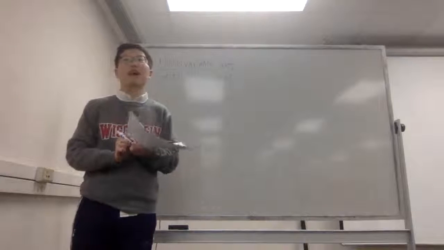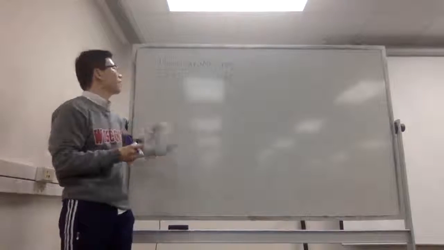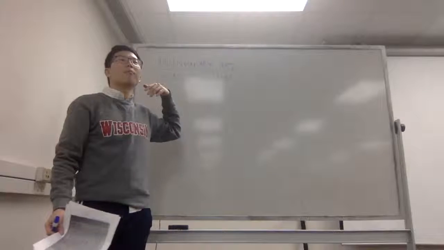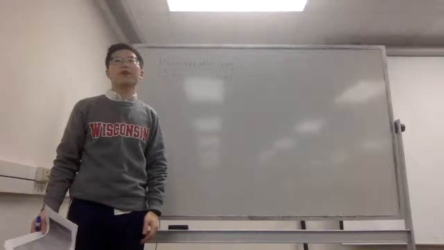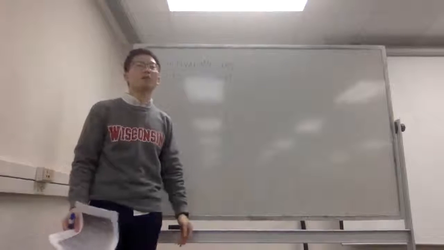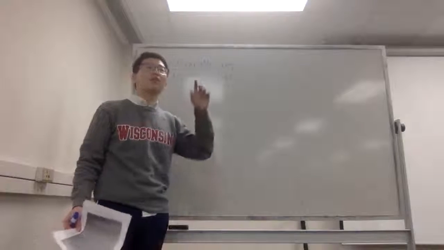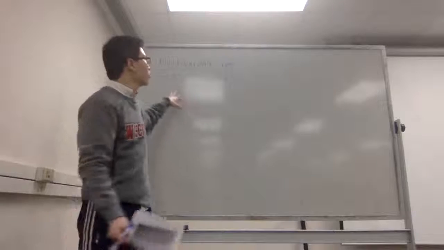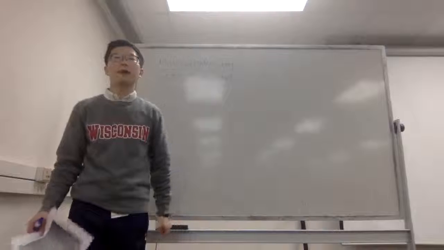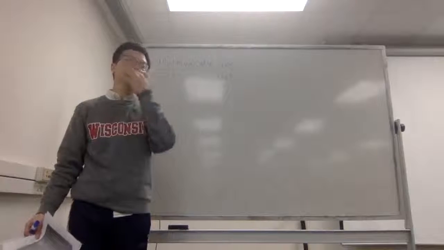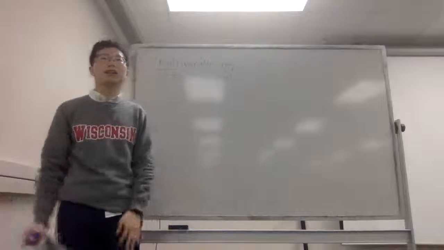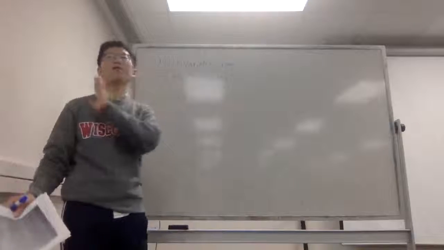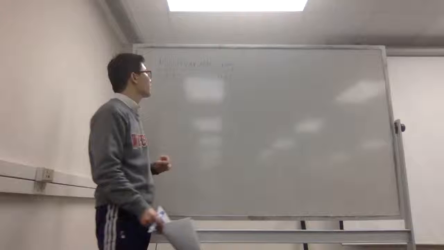Multivariate regression has more than one outcome variable, more than one y variable, as exemplified by structural equation modeling, which is typically taught in educational psychology departments. But that is not what we're going to cover in this class.